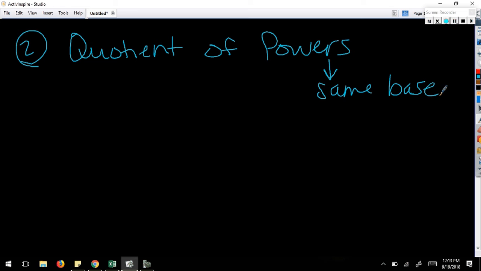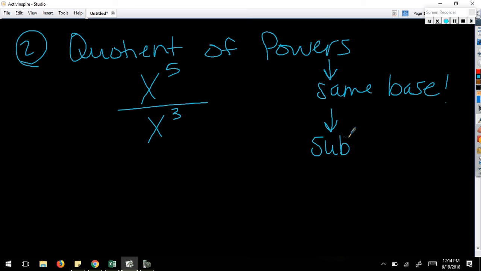Same base. X to the fifth, over x to the third. So, let me guess, if you add when you multiply, then when you divide, you probably subtract. So this would give me x squared.